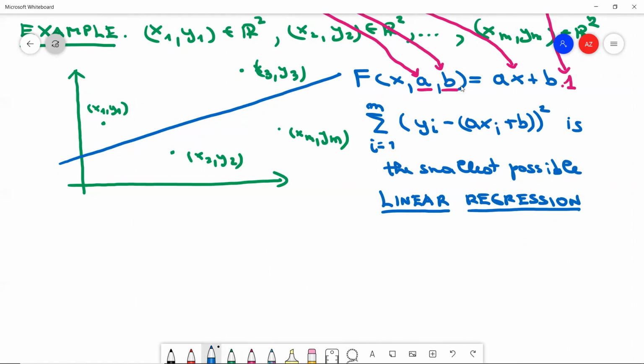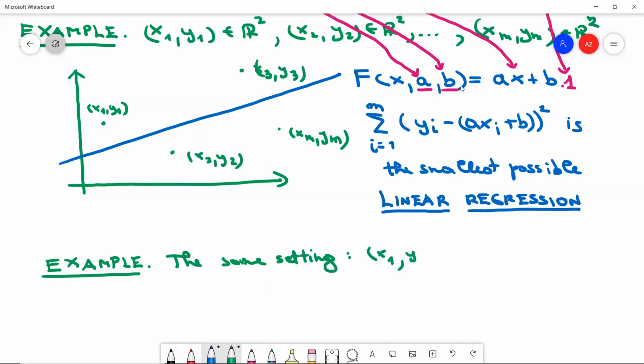So a general polynomial regression is what I cannot draw, but still we have the same setting. We have points in the plane. But I allow more parameters.